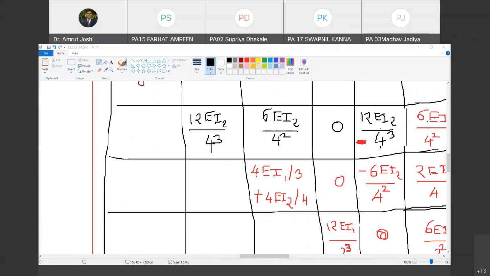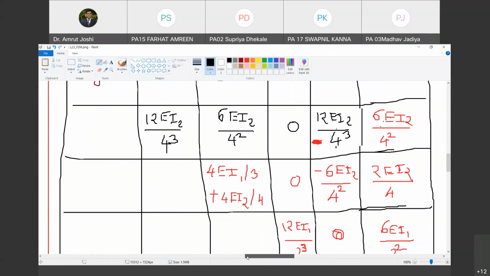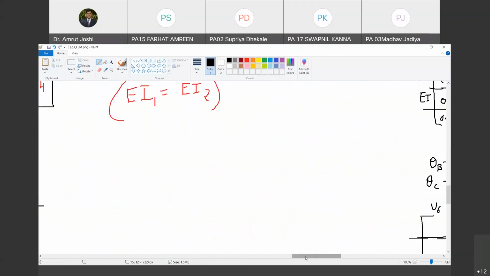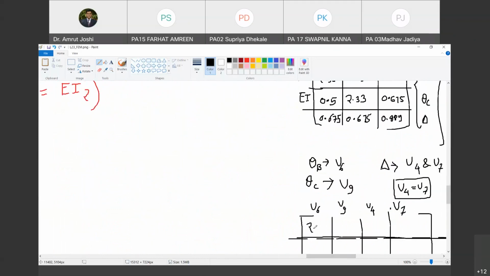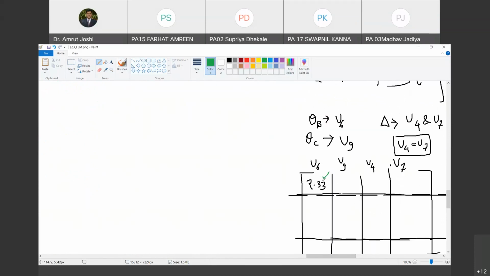So is it 2.33? Are you with me? Yes, sir. So can I write here 2.33, which matches with the first element here? ये matching है. Are you with me? Yes, sir.